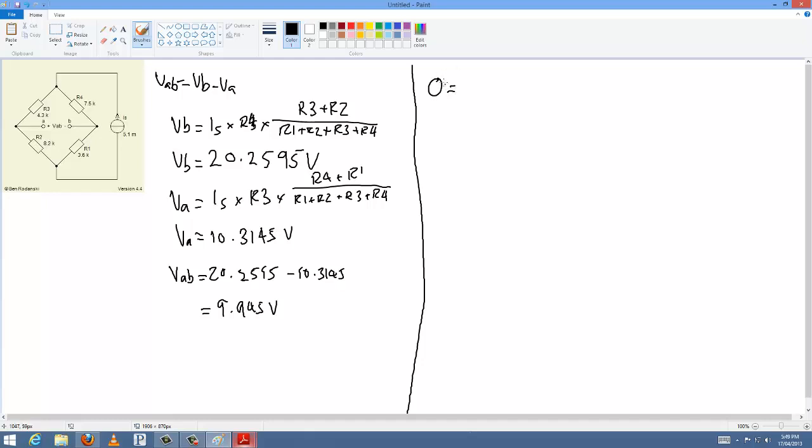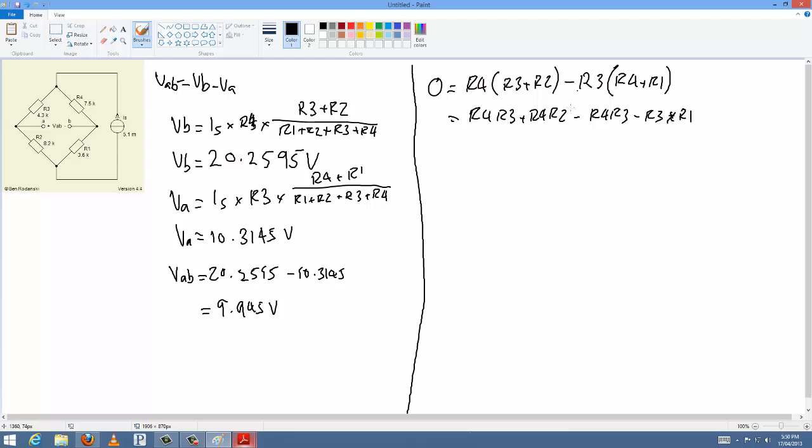So 0 equals, IS is gone, you end up with R4, R3 plus R2 minus R3, R4 plus R1 equals R4, R3 plus R4, R2 minus R4, R3 minus R3 plus R1, times R1, my bad. And R4 and R3s cancel out.